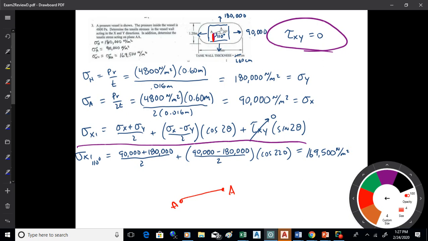So if I'm talking about the tensile stress acting on plane AA, what does that look like? That's what I'm asking.